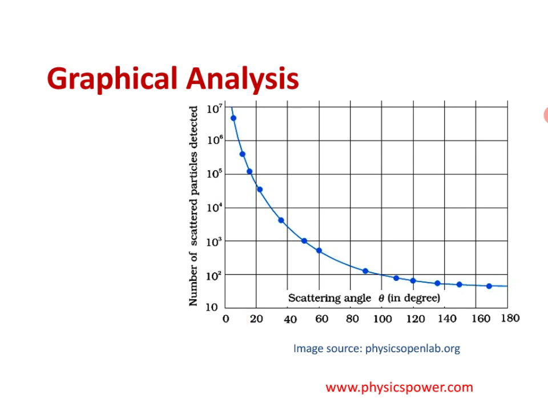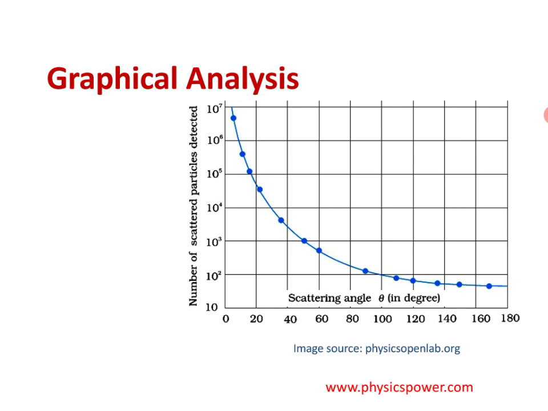But if you observe the scattering angle, meaning the deviation of alpha particles more than 90 degrees, those particles are fewer than 100. So a very small number of particles are scattering, and most of the particles go without deviation.